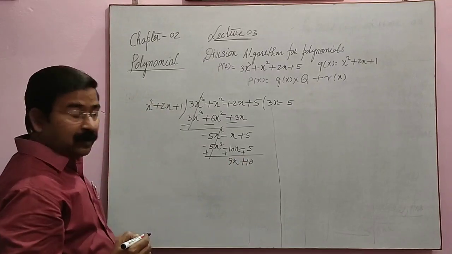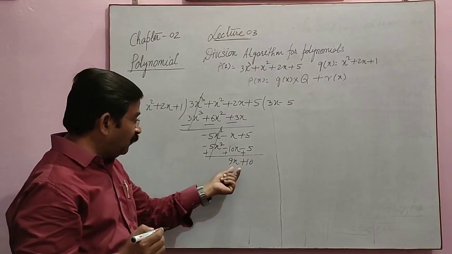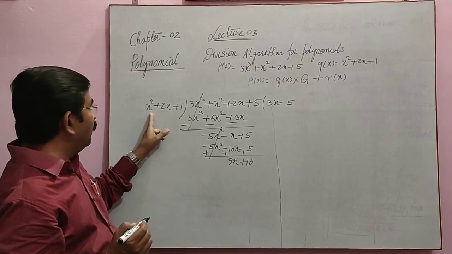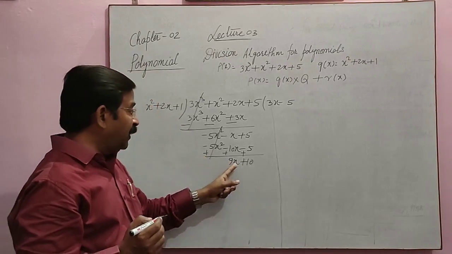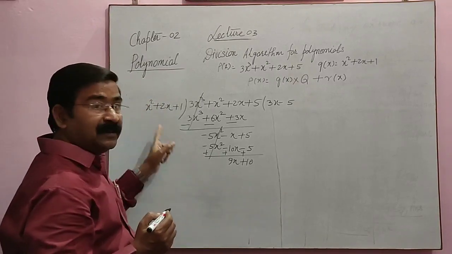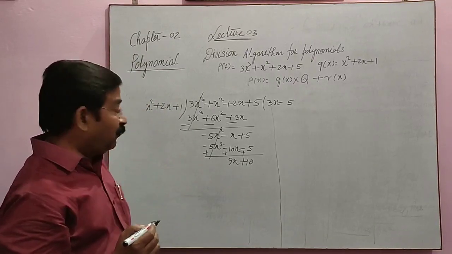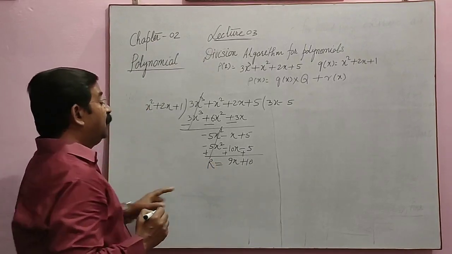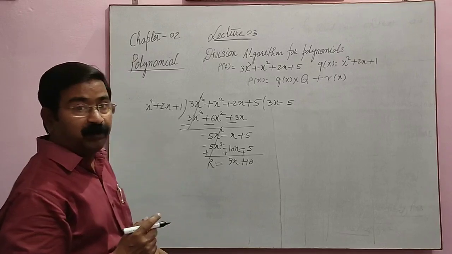Now we see that the degree of the remainder is now 1 and the degree of the divisor is 2, meaning the degree of the remainder is less than that of the divisor. So we cannot proceed further. Clearly this is the remainder. The remainder is 9x plus 10.